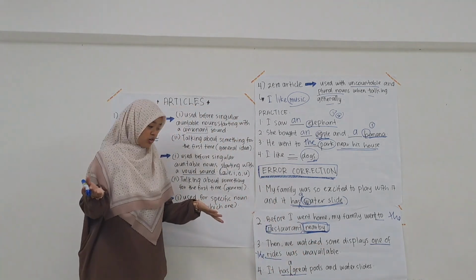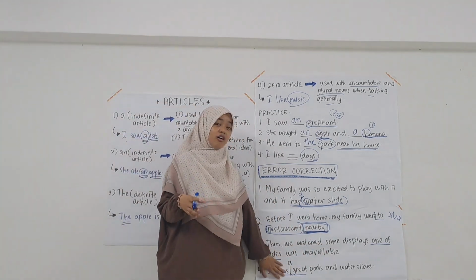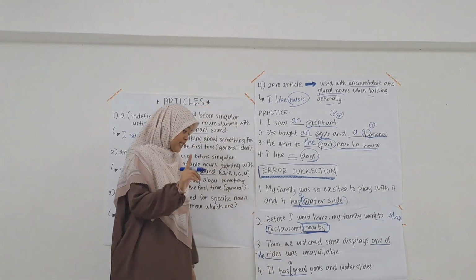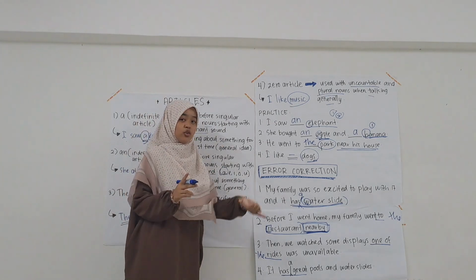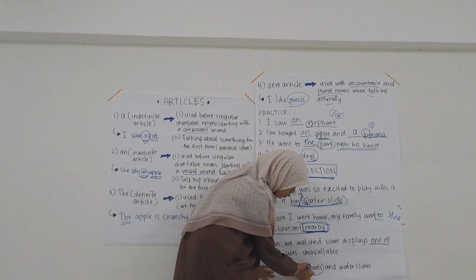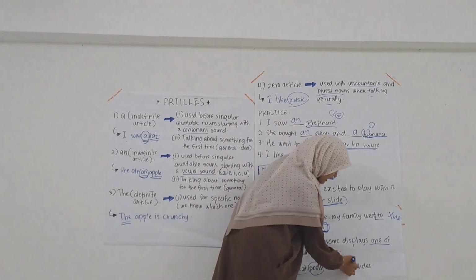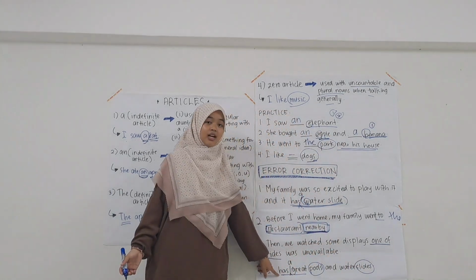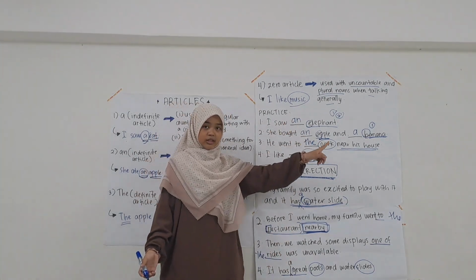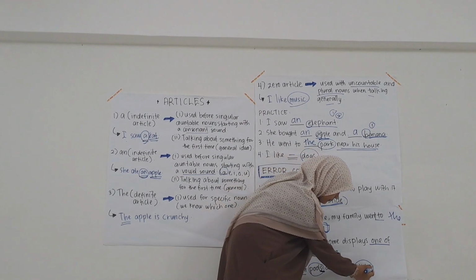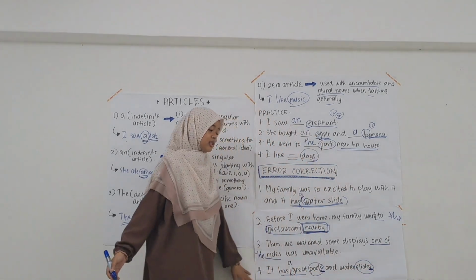Why is the use of the indefinite article here wrong? Because let's look at the noun after the article. It says great pools and water slides. Pools and water slides are considered plural nouns, right? Because there is an s at the end of the noun.